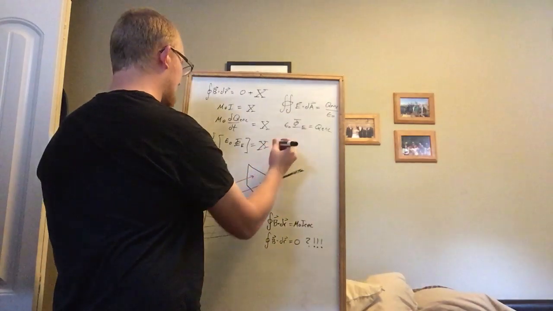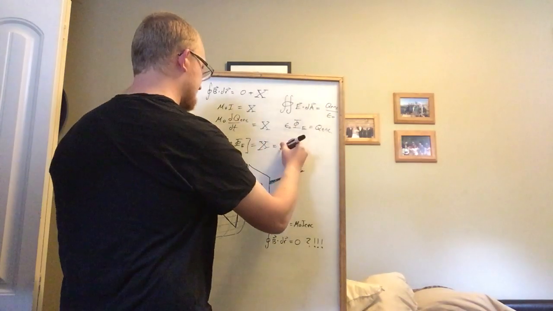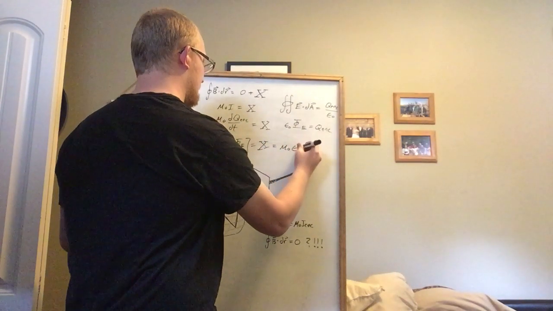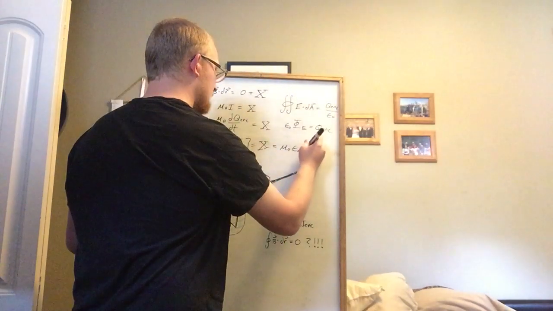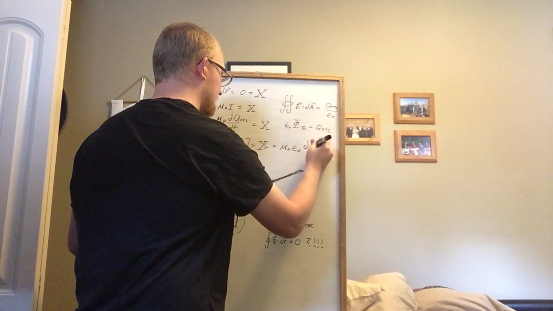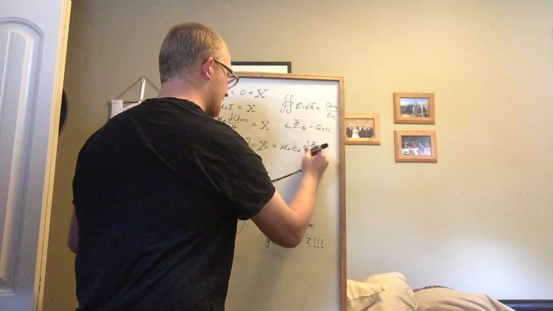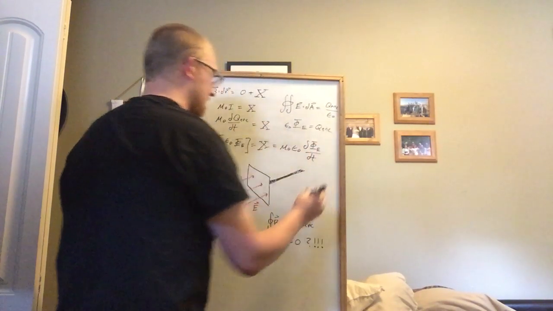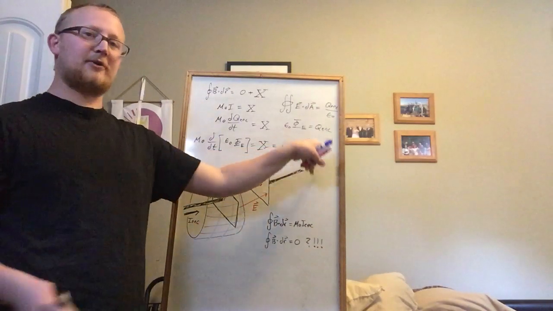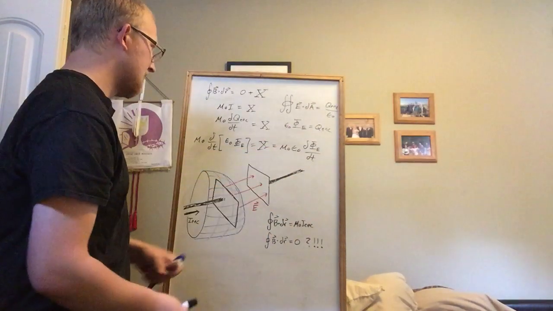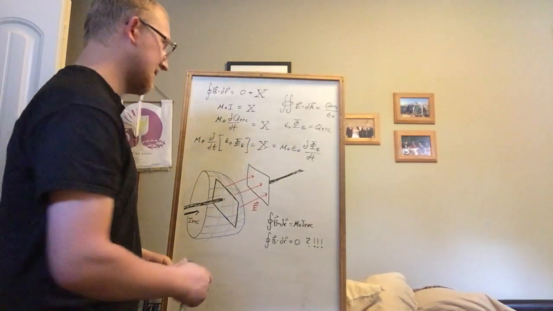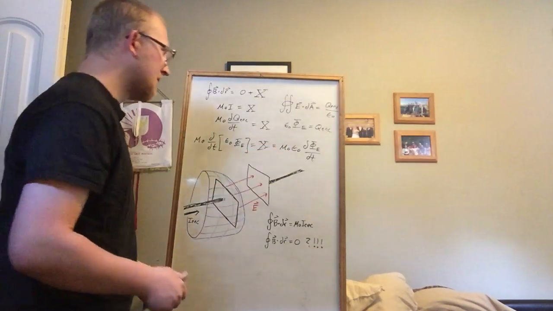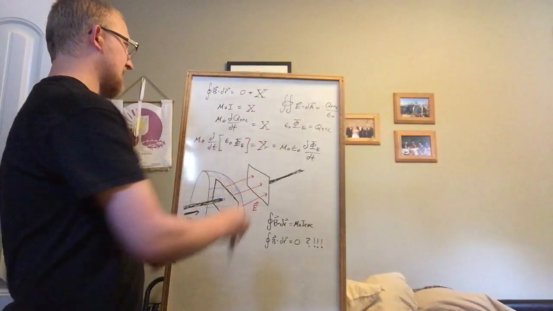So what I end up with is mu sub naught times epsilon sub naught times the derivative of the electric flux with respect to time. So in other words, the change in electric flux with respect to time times our two most important constants in electricity and magnetism is going to equal this X term.